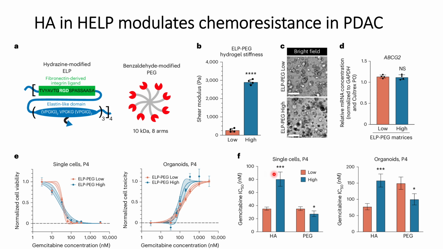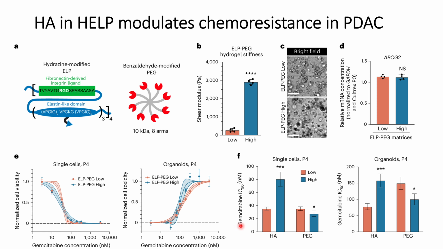And when they quantified these results, we can see that in the HA tag, when the HA or HELP matrices is used, there is an increase in the IC50, or we can say the IC50 gemcitabine requirements are higher when they use these high HELP matrices with HA.